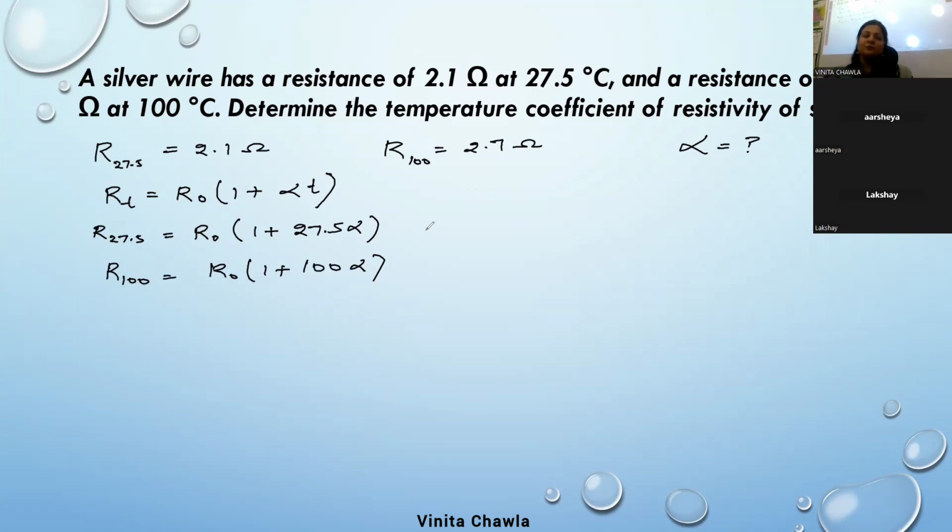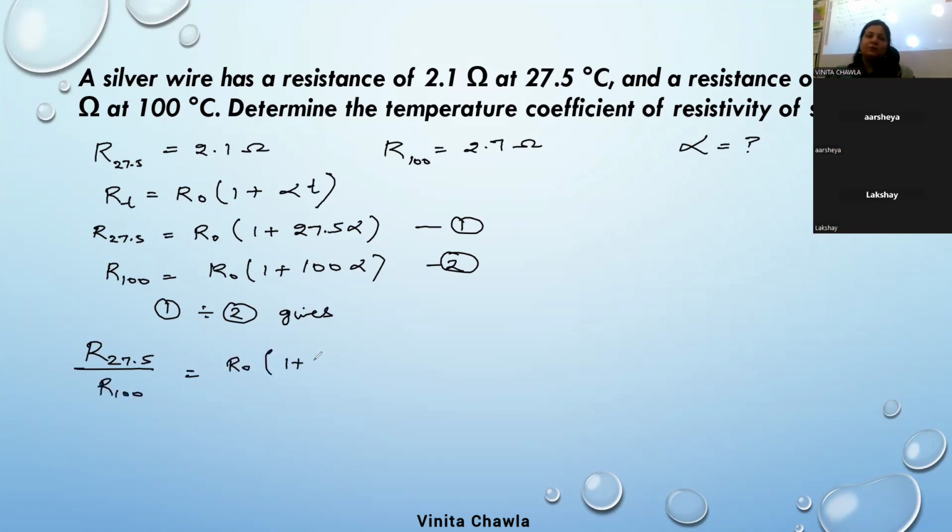Now divide these two. 1 divided by 2 gives R 27.5 upon R100 is equal to R naught 1 plus 27.5 alpha upon R naught 1 plus 100 alpha. R naught cancels with R naught.